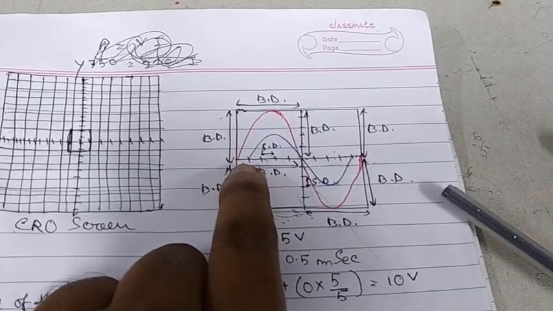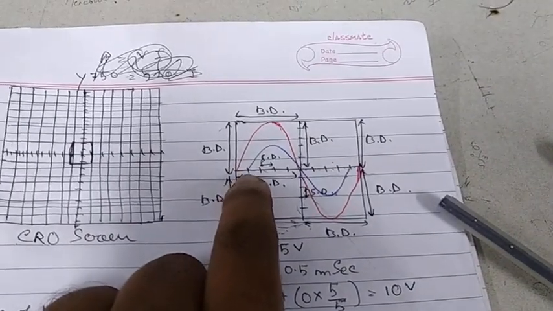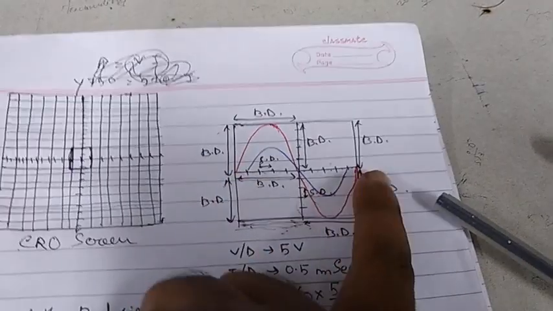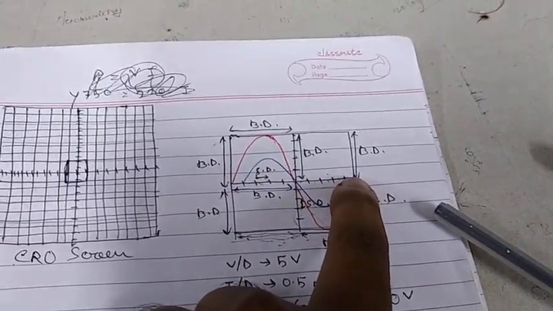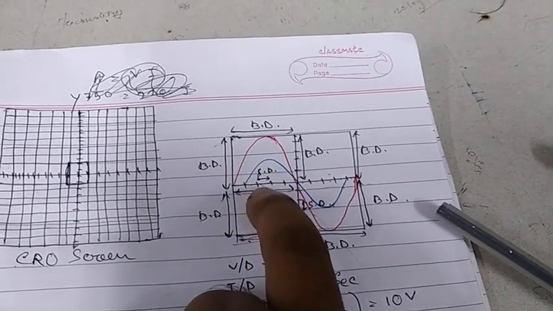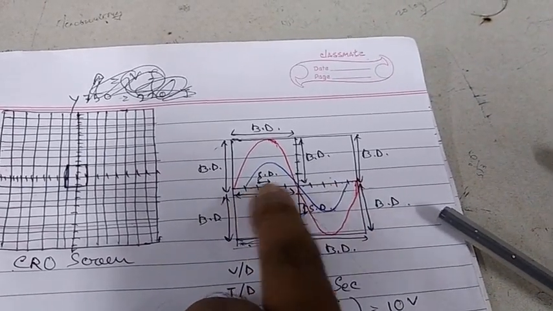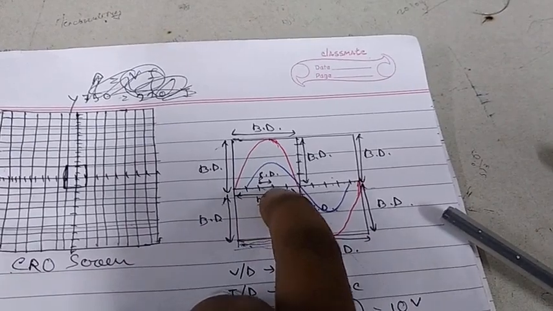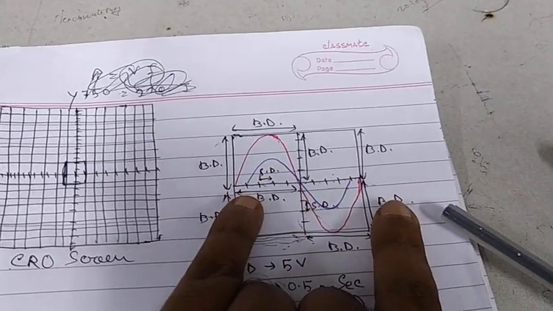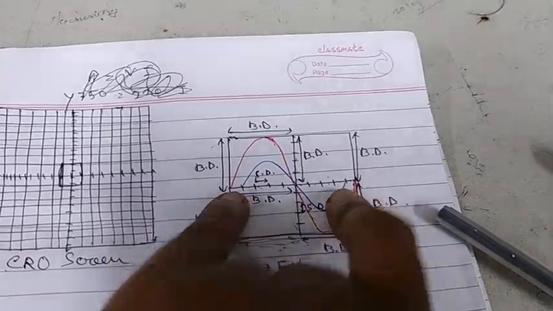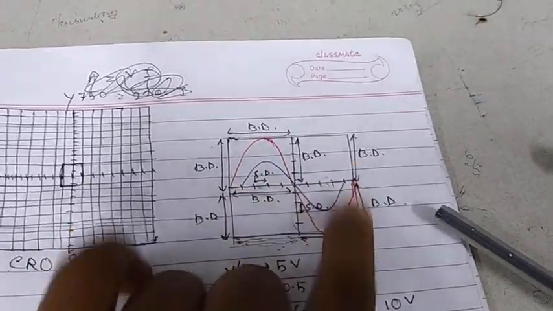And the time period of the blue signal, see the time period here also, neither the left side nor the right side is occupied totally. So we have to count the small divisions only. So here we have 4 small divisions and here we have 4 small divisions, that makes 8 small divisions in total to complete one oscillation.